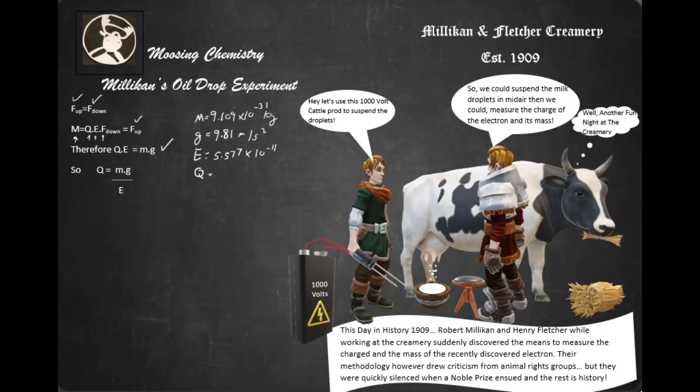So I've gone ahead and rearranged Q times E equals M times G as Q equals M times G divided by E. So let's go ahead and do that.